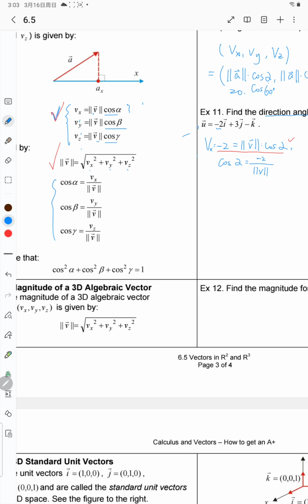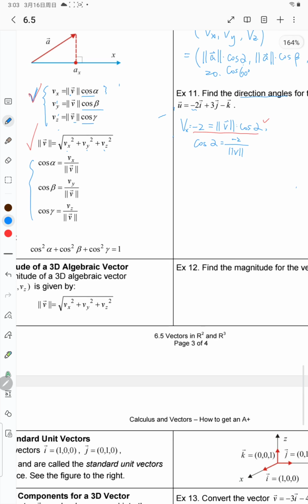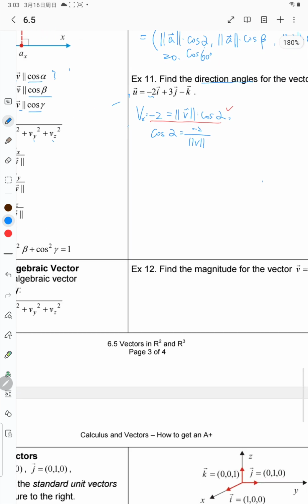And the norm of v, we know, is the square root of -2 squared plus 3 squared plus -1 squared.